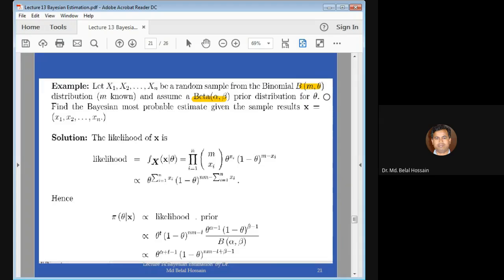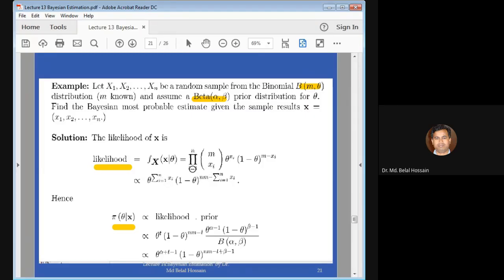You can write it. So firstly, when we want to calculate the posterior probability, we need the joint distribution of the original distribution, okay? At x1, x2, xn, a random sample of binomial distribution. So we want to find the likelihood function of it.